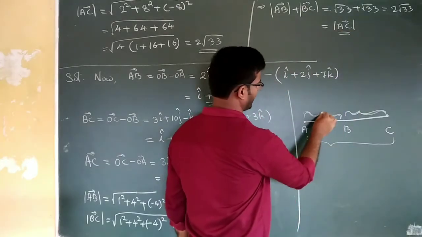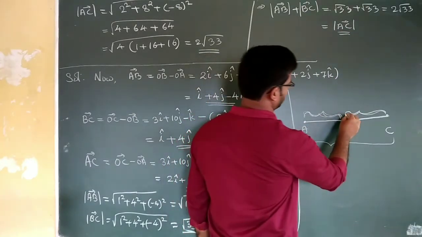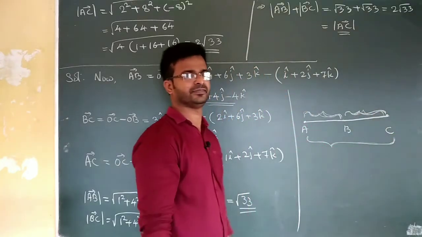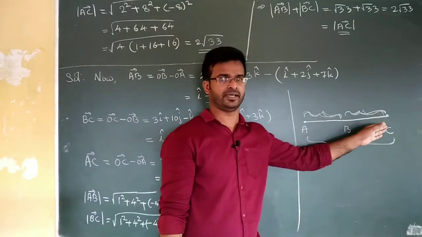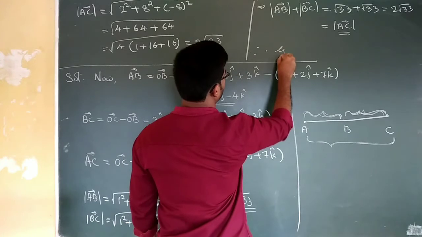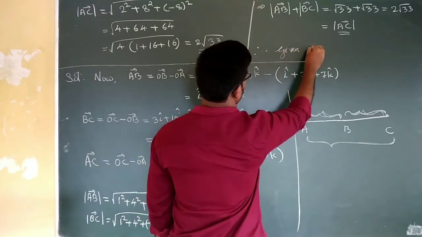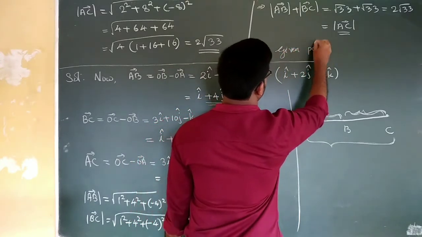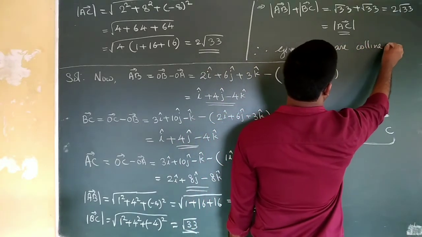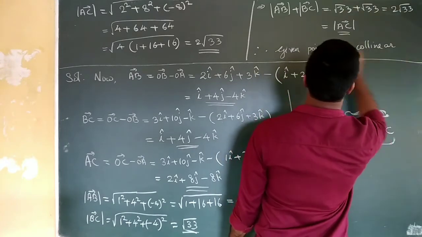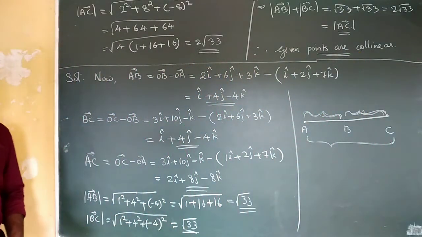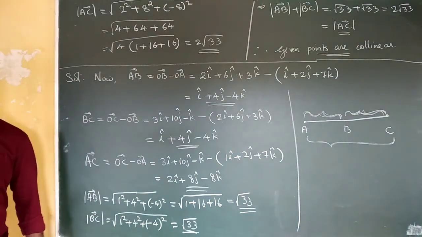If you add magnitude of AB and magnitude of BC vector, we get magnitude of AC vector. That's why this is one straight line. Therefore, the given points are collinear. This is our answer. Just pause the video or write it down in your notebook.